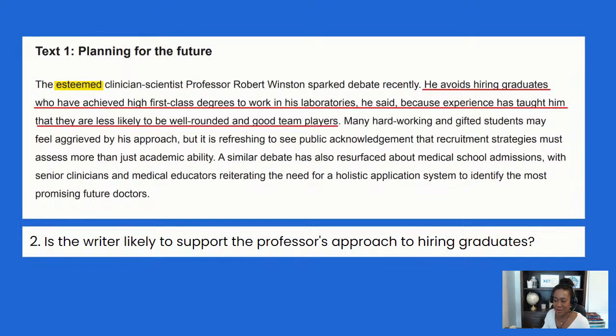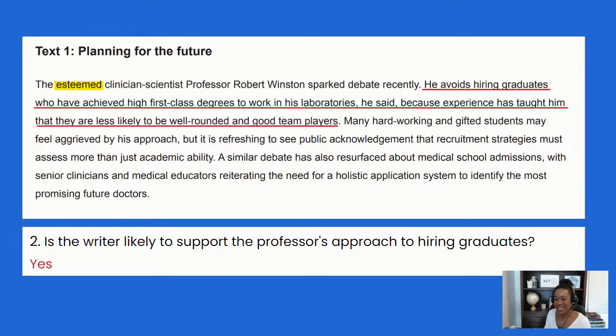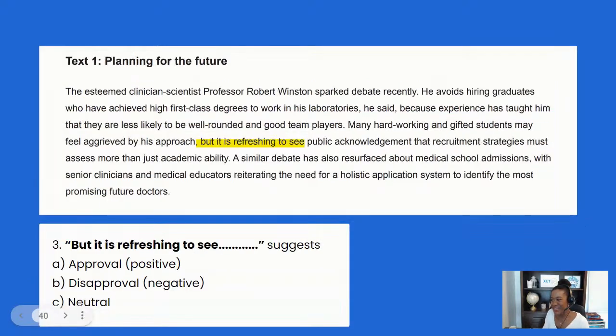Is he likely to support the professor or not? So I would say yes, he is likely to be in support of the professor because he views him as being esteemed, highly esteemed. You would have to read carefully to make sure, but this positive adjective would suggest this. Okay, moving on then.